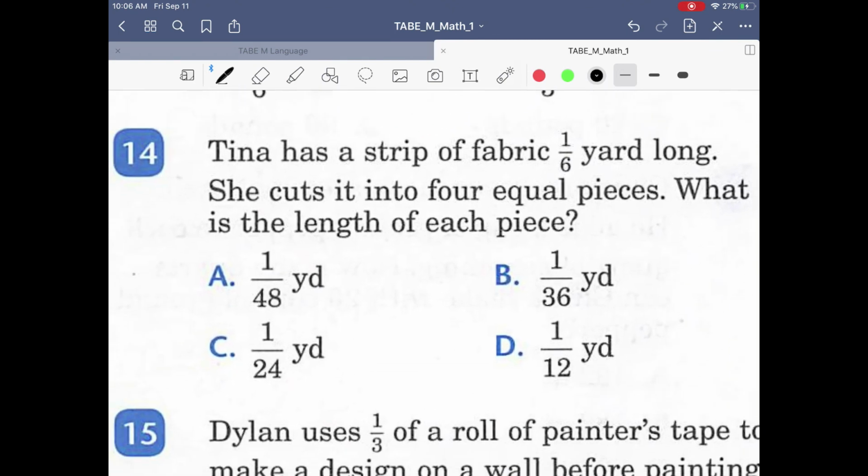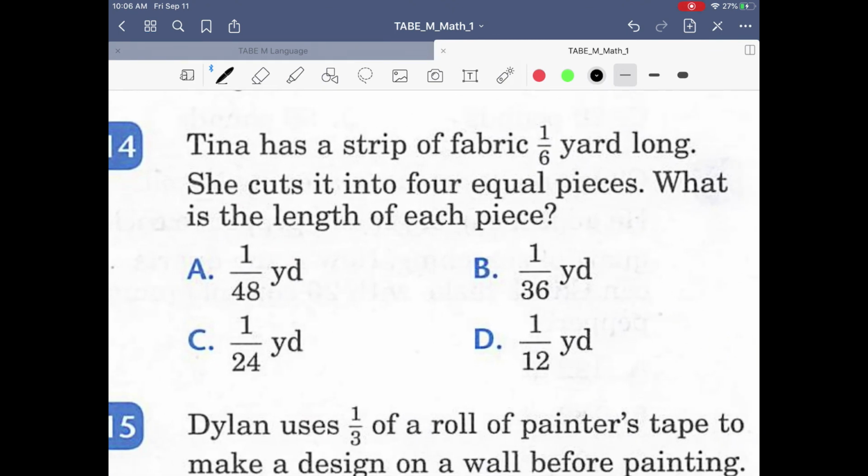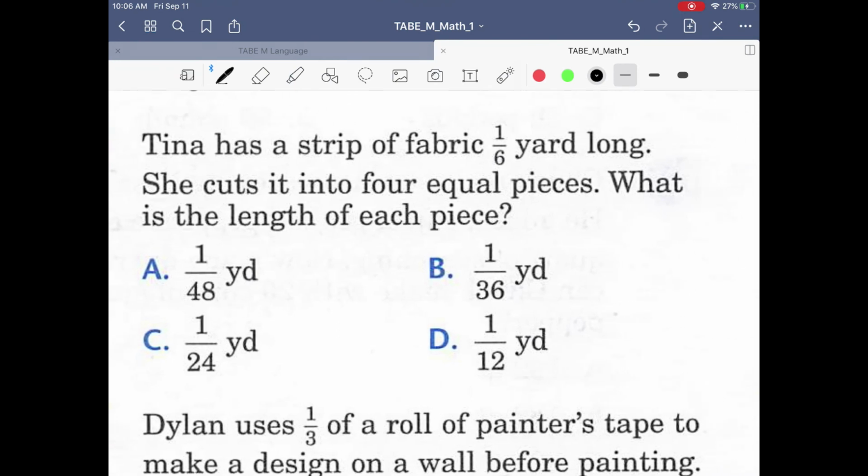Number 14. Tina has a strip of fabric that is 1/6 of a yard long. She cuts it into 4 equal pieces. What is the length of each piece?